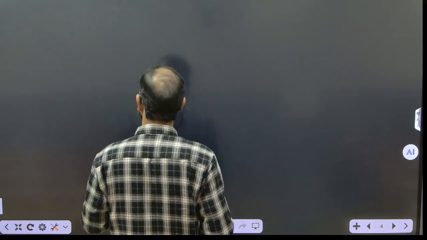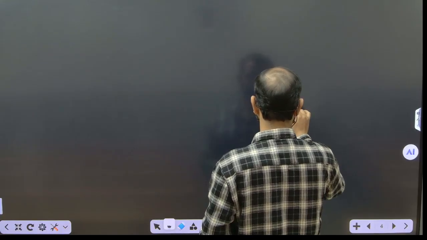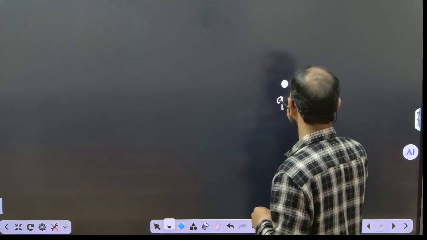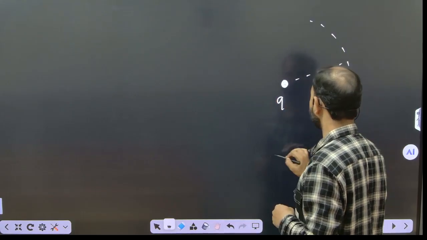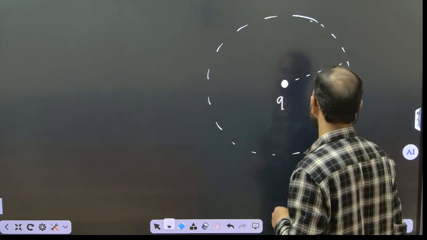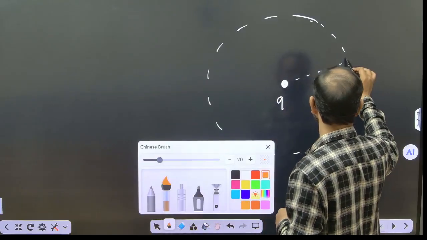To prove it, we have to take a Gaussian surface. Let's say here is the point charge, and at this distance we take the Gaussian surface, and it is closed.